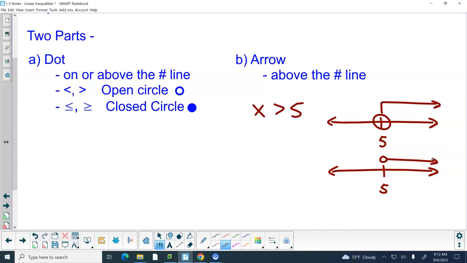Clearly visible. Okay? What we don't want to see is one where I can't tell which way your arrow is going.